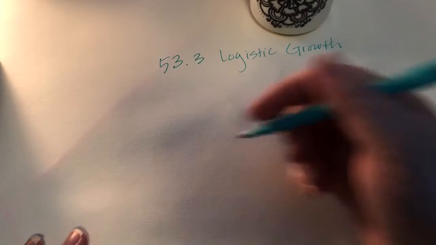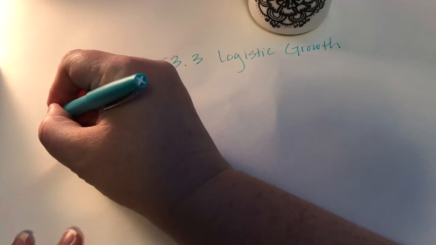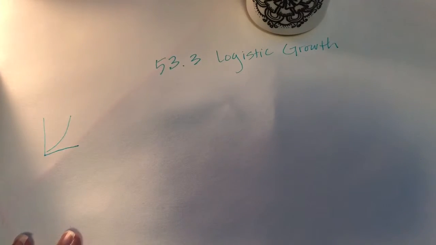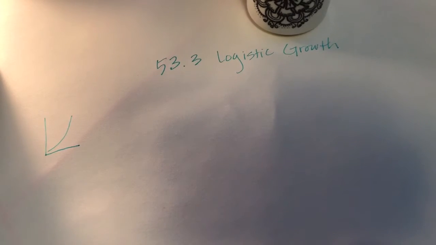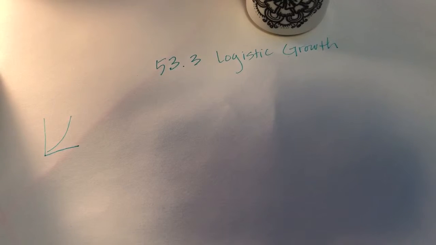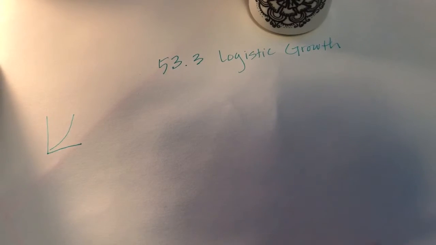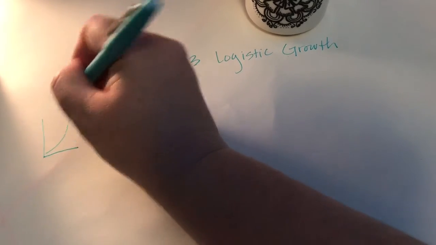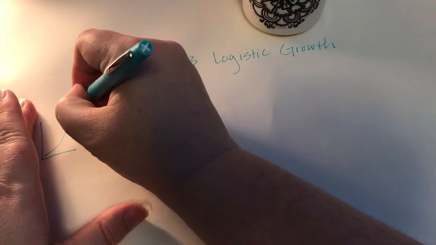So yesterday, Hunter talked to us about exponential growth. And there was a formula that you're going to see on your formula chart when you take the test. Let's put exponential.